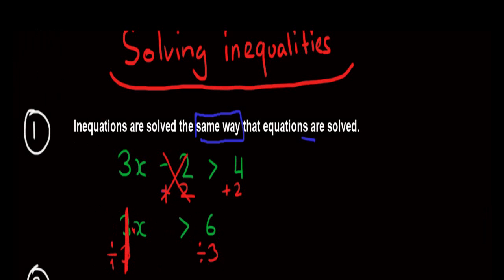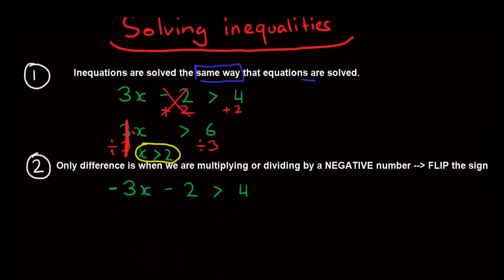So on the left hand side we've left x, and the sign is still there, so x is more than 6 divided by 3, and 6 divided by 3 is 2. So that's the solution. X is more than 2. So same as the equations, just in this case the sign is different, that's all.